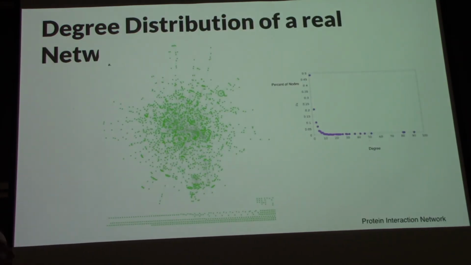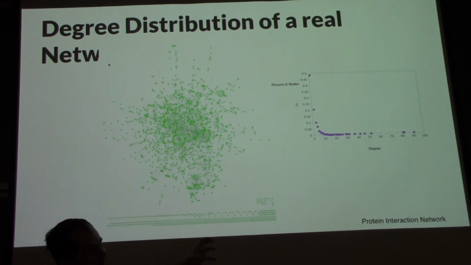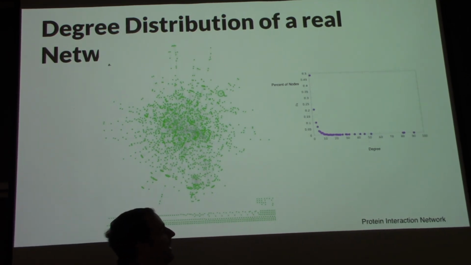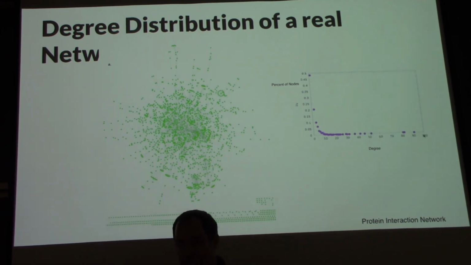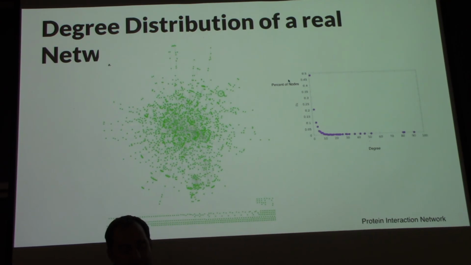So here's a protein interaction network, and that shows us this principle of what's called preferential attachment, and this idea of a scale-free network also. Here are the degrees of the nodes, and the percent of nodes that have that degree.